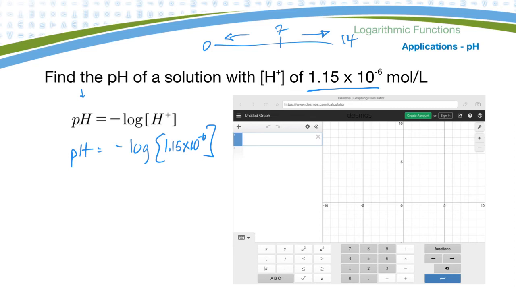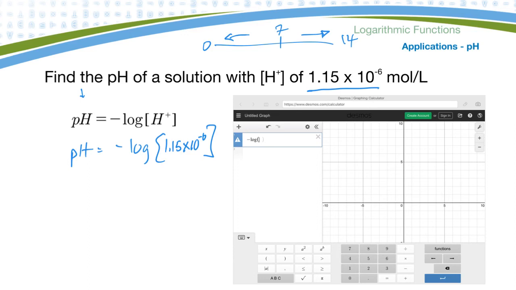Okay, so I need to go negative, and then log, here's my log, and it's base 10, so I'm just going to hit the log button, of 1.15 times 10 to the minus 6. I don't have that exponential notation figured out, so I'm just going to write that as a decimal.